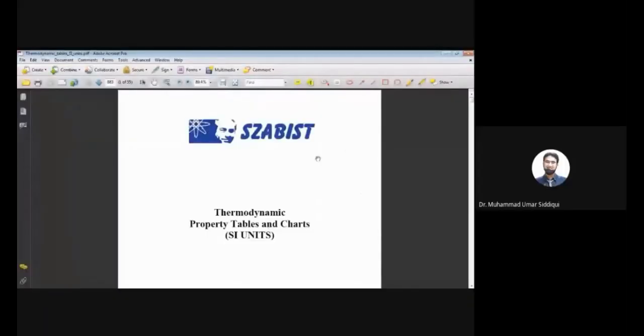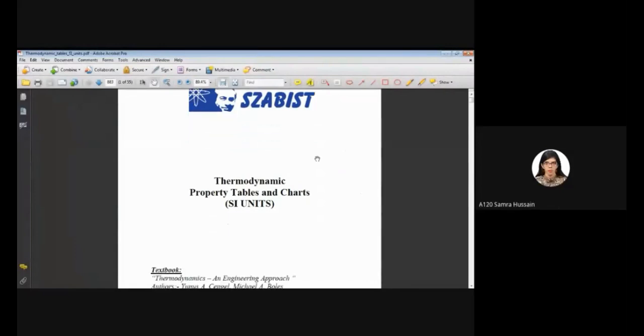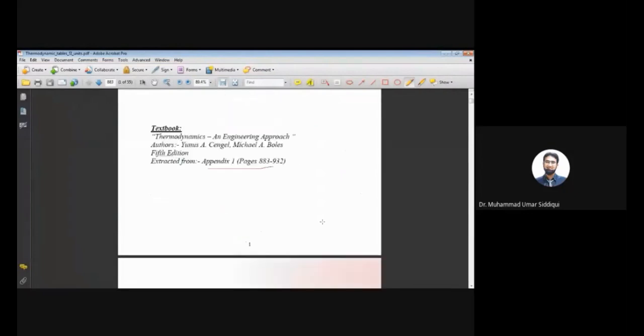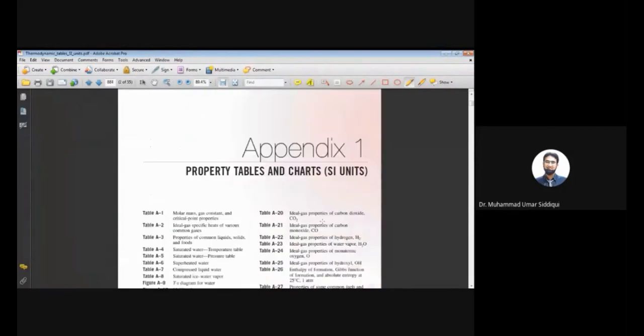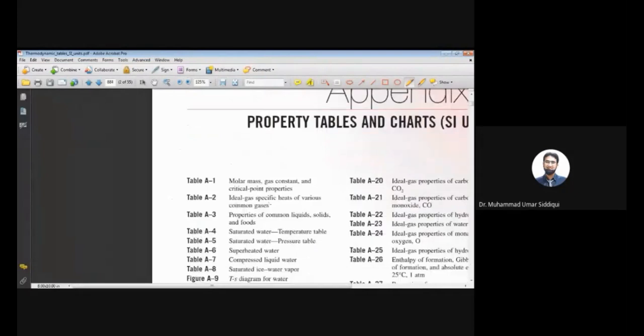Okay, can you see on your screen the file for the thermodynamic property tables and charts in SI units? Yes, sir. Okay. You can see here I've written that it's taken from the same textbook, 5th edition, extracted from pages 883 to 932, the whole thermodynamic tables. Let's have a look at what kind of tables we have in here.